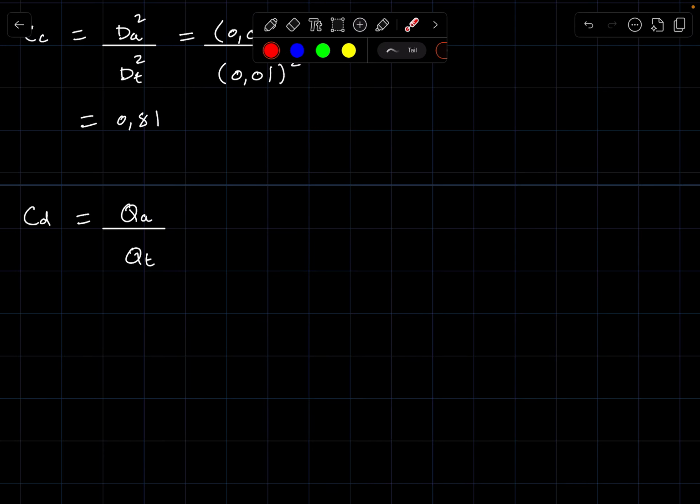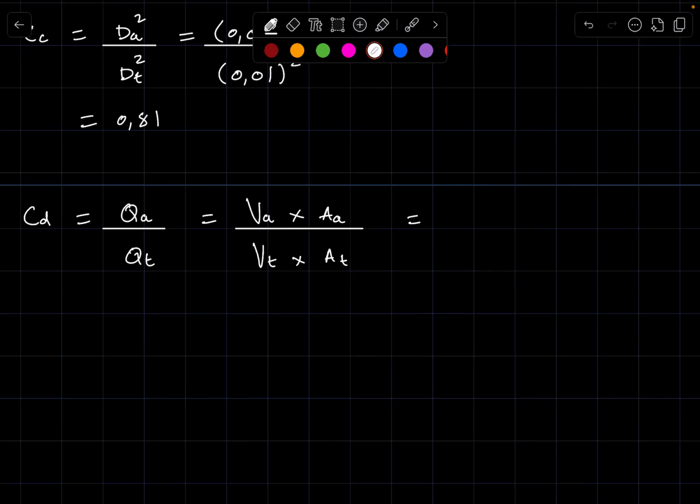So if you calculated your Q's, this is the one you would use, right? It would suffice. But remember that Q is VA times the actual area, so this is the equivalent of QA, and then the equivalent of QT is VT times AT.